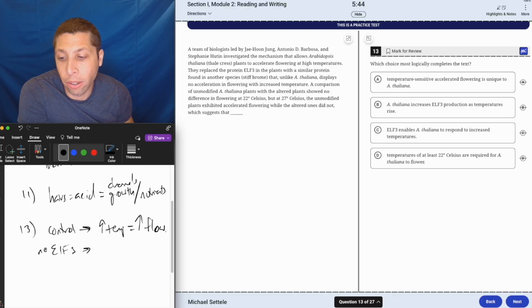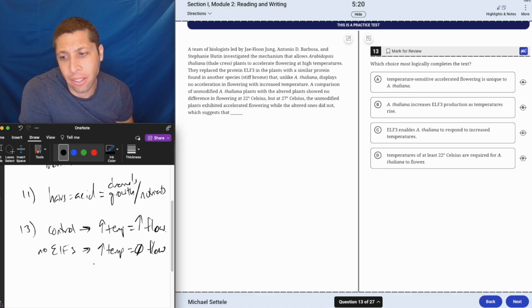Or no ELF. They don't have the ELF. With a similar protein, no acceleration. Comparison with the altered plants showed no difference in flowering at 22, but at 27, the unmodified plants, right? So this is saying increased temp equals no change in flowering. Okay.